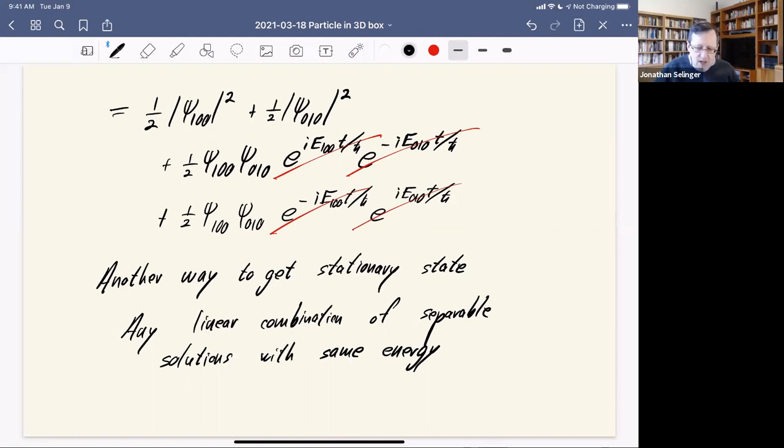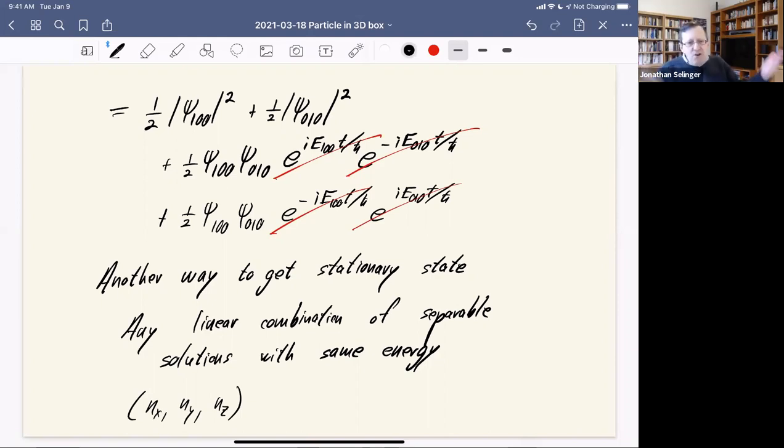Okay. All right. So this whole story is basically what I wanted to say about the particle in the 3D box. And probably the most important thing to remember here is that we have solutions that are analogous to the particle in the 1D box, but the solutions are characterized by a set of three numbers, nx, ny, and nz. So it's a set of three integers instead of just one integer in one dimension.